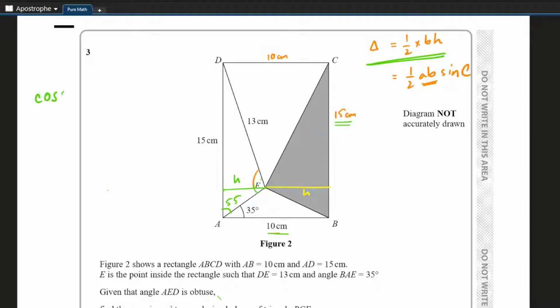Cos 55 is equal to 15 squared plus AE squared minus 13 squared, divided by 2 into 15 into AE.